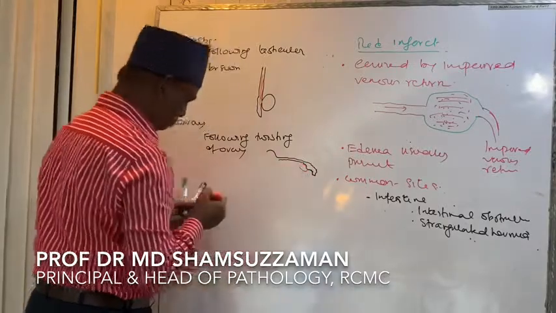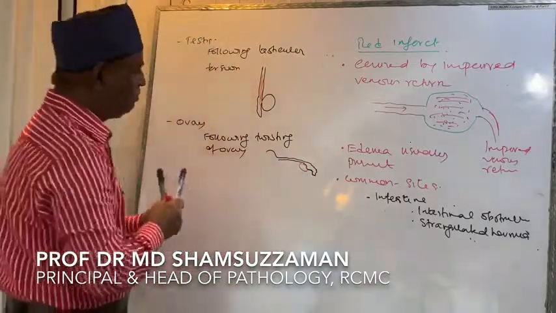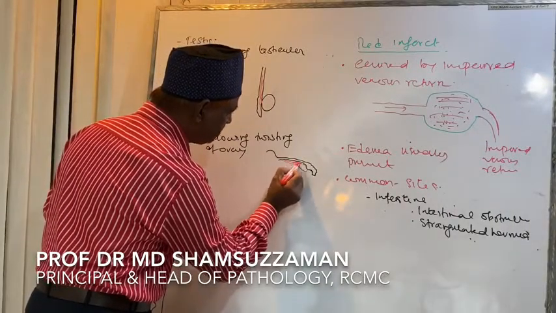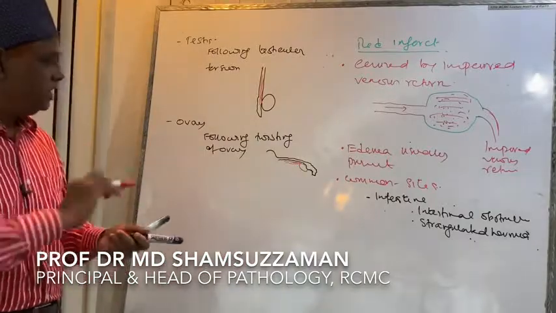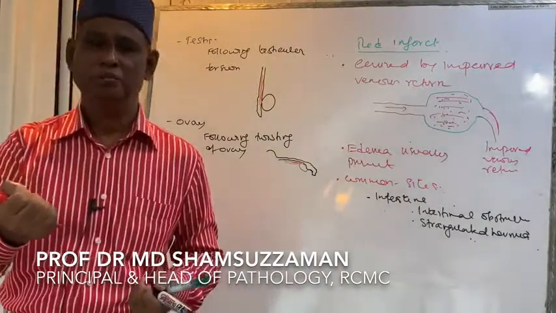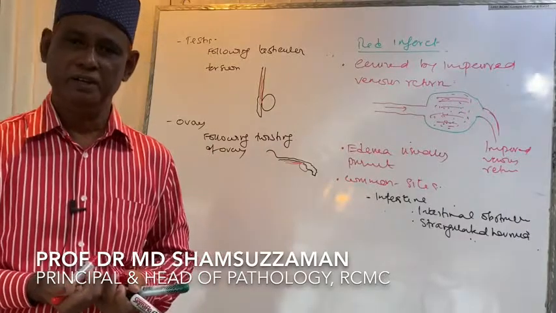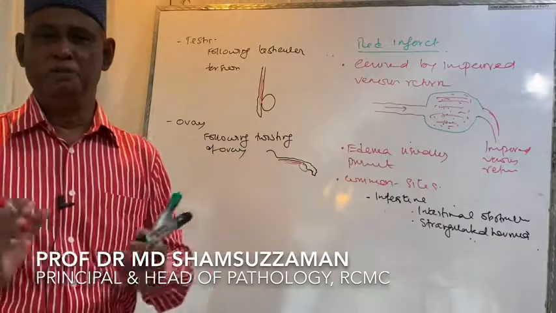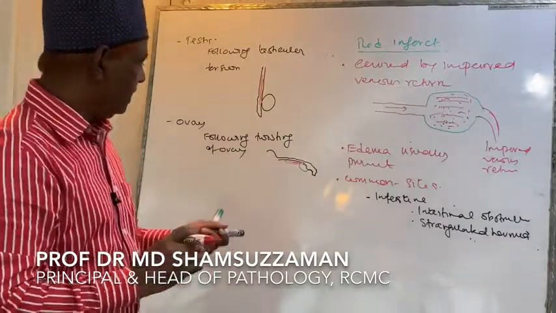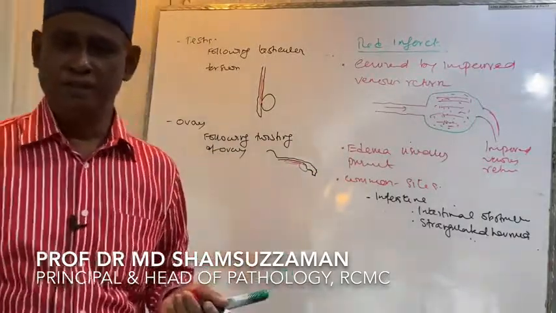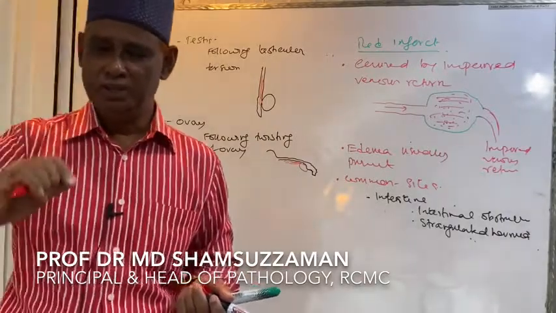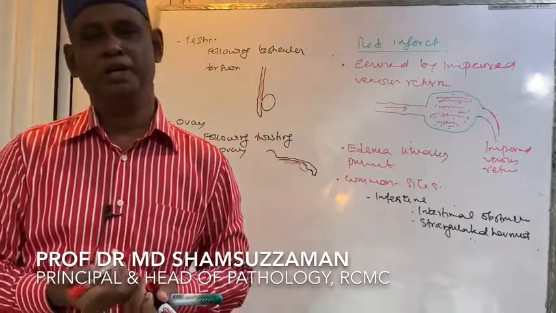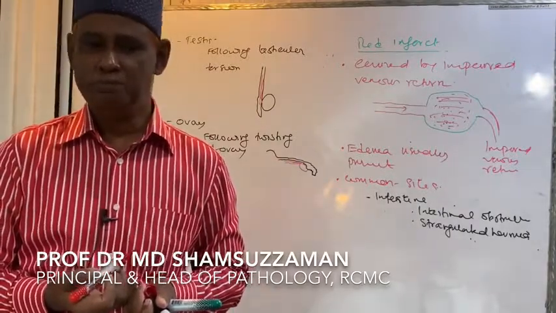Ovary following twisting of ovary. Suppose this is the fallopian tube and this is the fimbriated end, and suppose this is the ovary here. You know there is arterial supply and also there is venous drainage.